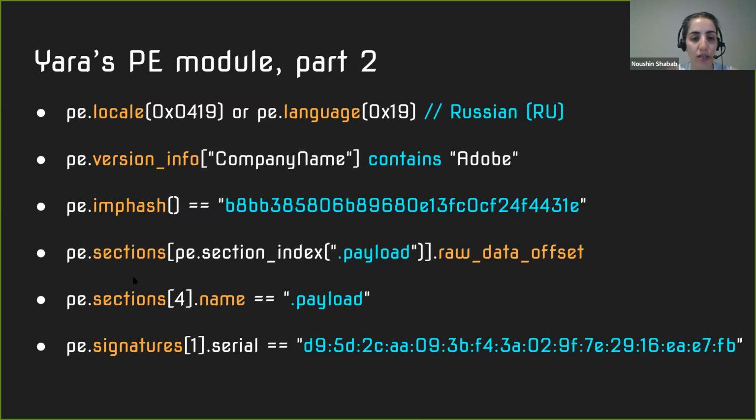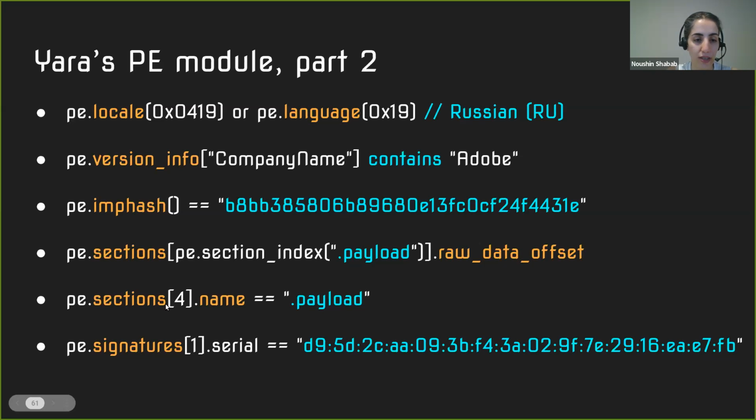Then here we are looking at pe.sections with the index of pe.section_index(".payload"). What this means is that we know that there is a section that is named .payload. We want to get the index of that section and then use that index to look for the raw data offset inside the section table.